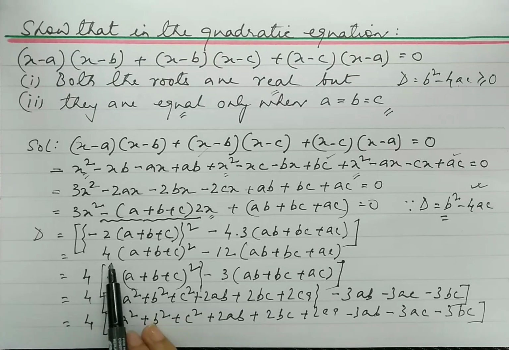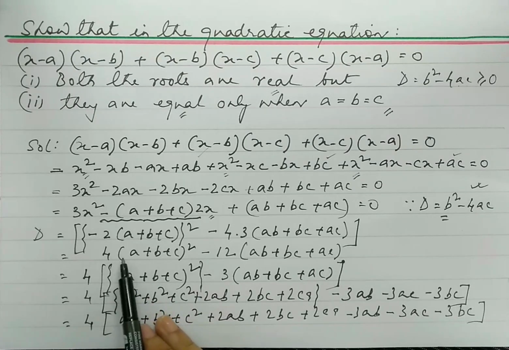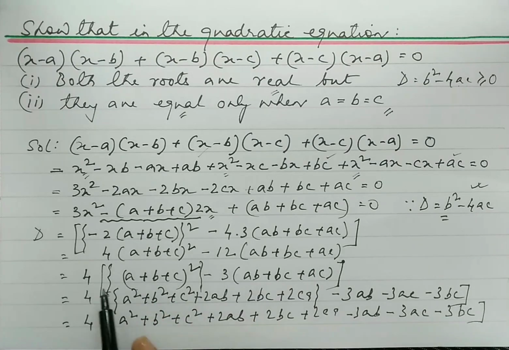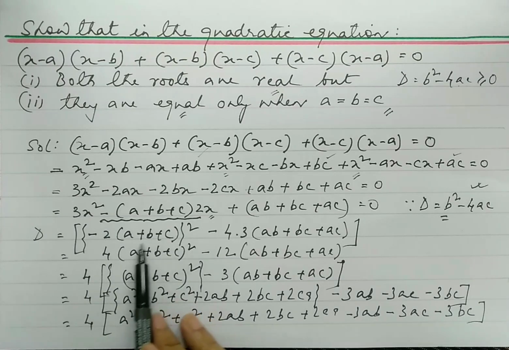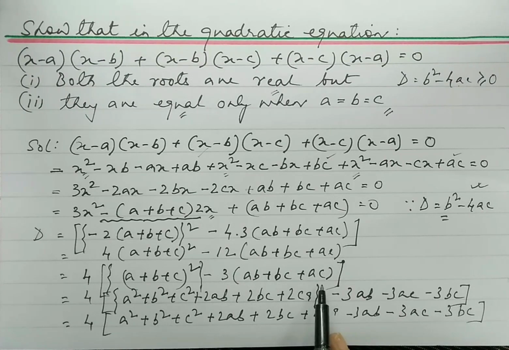Next step, we know that 4 and 12 have a common factor, which is 4. 4 into 1, and this is 4 into 3. So I pull out 4 here. What remains here is simply this, and what remains here is 3 multiplied by, in bracket, (AB plus BC plus AC), correct?